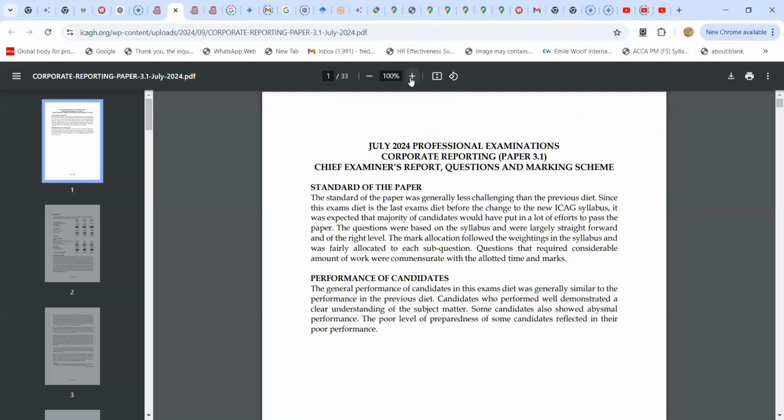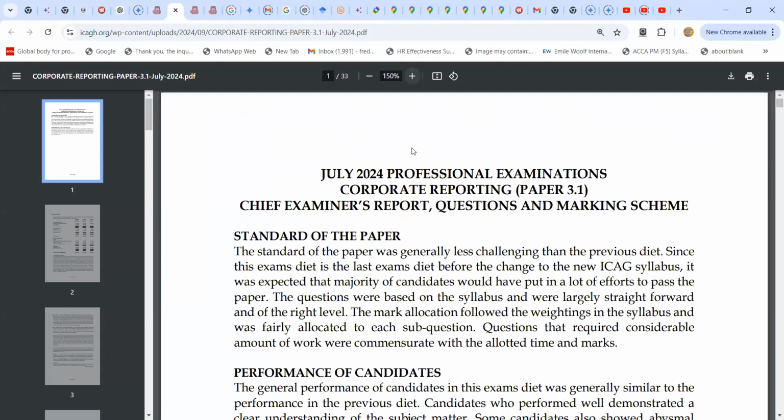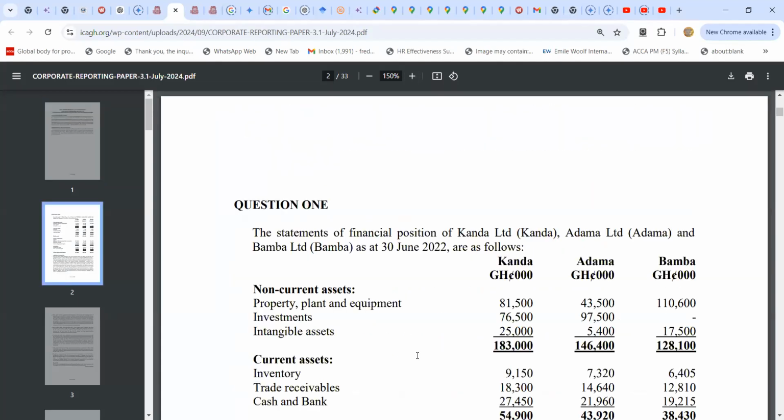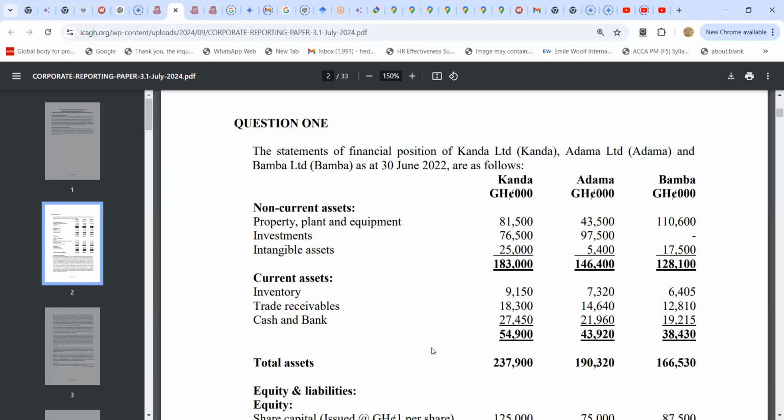This is the last trip exam. Just check it with your eyes. Balance sheet. You see, this was a very fantastic question.